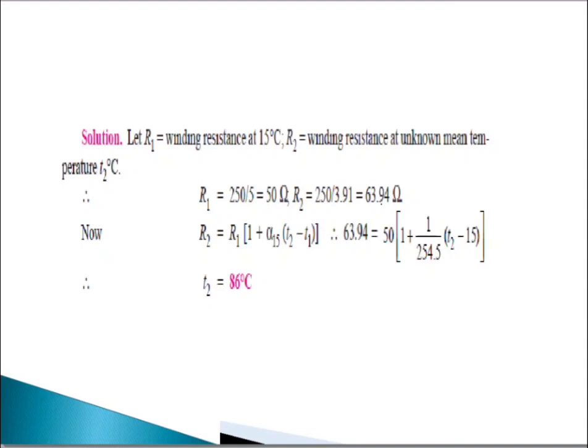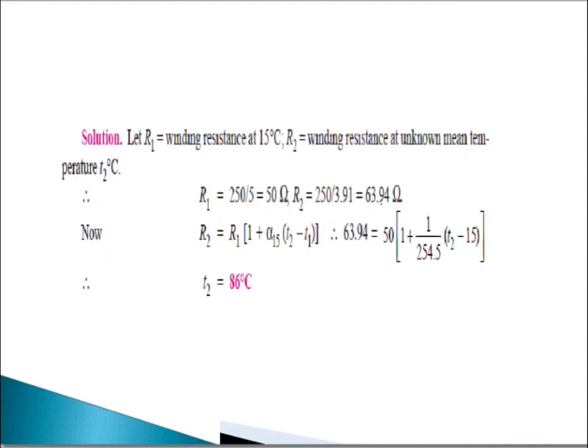Initially the voltage is 250 and the current is 5 ampere, so the resistance R1 is 50 ohm. Next, R2 is voltage divided by current: the voltage is constant at 250 volt and the current has dropped to 3.91.